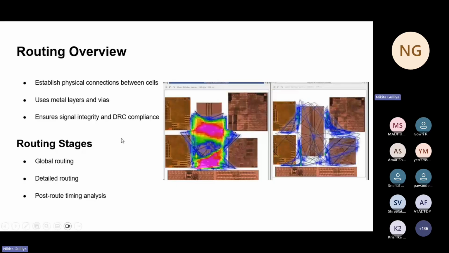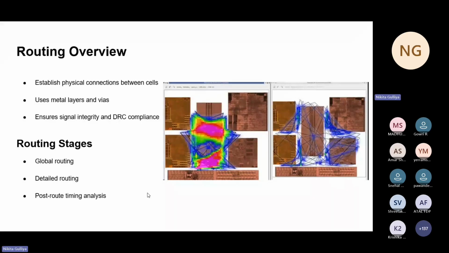Next is routing. So routing establishes the physical connection between cells on the chip. It uses multiple metal layers and wires to connect signals. The routing stage ensures signal integrity and checks that all connections follow design rule constraints, also known as DRC.